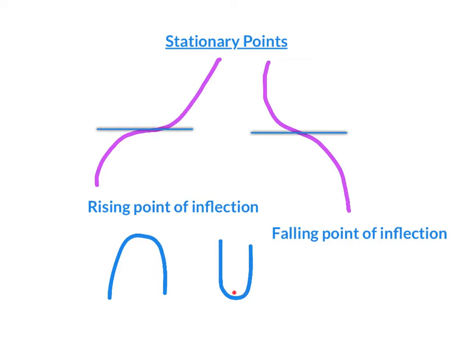So once I've found the actual turning point, the x value itself, what I'm going to then do is have a little look just before that and a little look just after. And by looking at either side of it, I'll be able to work out, is it a maximum turning point? Is it a minimum turning point? Rising point of inflection? Or a falling point of inflection? We'll do that using a nature table.